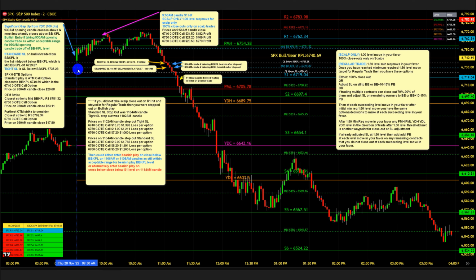So with this particular indicator, your initial stop losses on trade entries, whether they're bullish or bearish, are going to be level based.